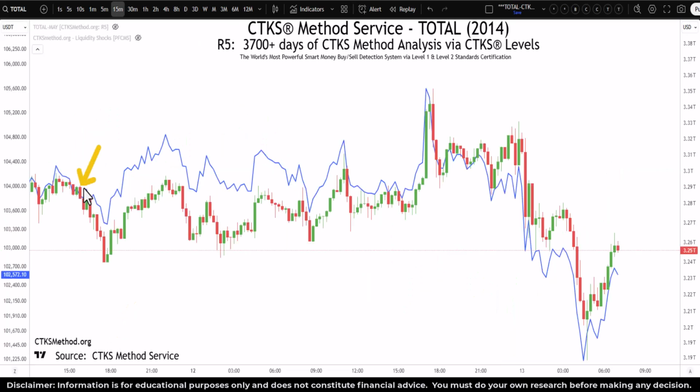First things first, I'm going to overlay Bitcoin with total crypto market cap. You can see how tightly associated they are from a directional stance. If Bitcoin is going up, the entire crypto market is coming up. If Bitcoin is going down, the entire crypto market is going down.